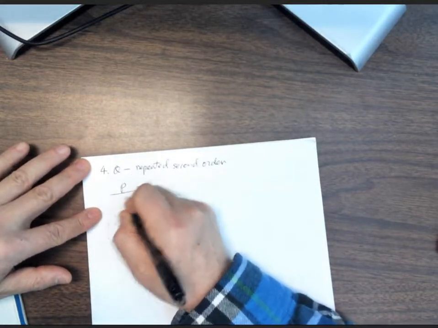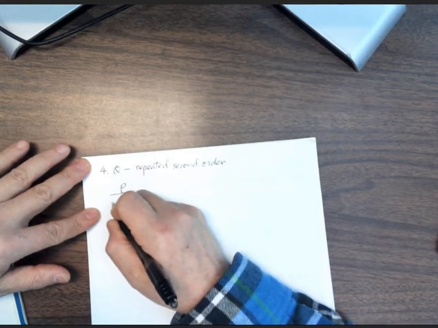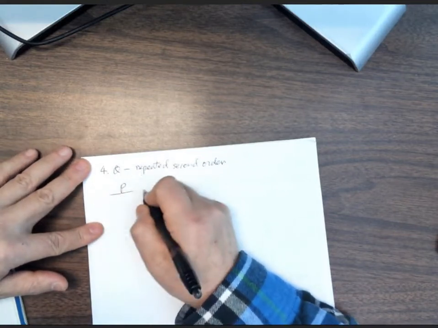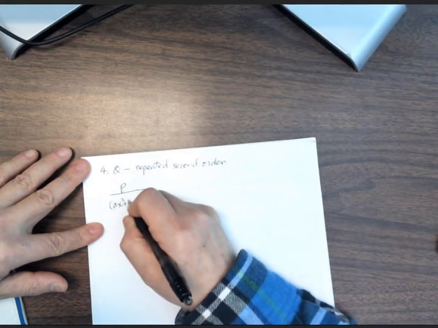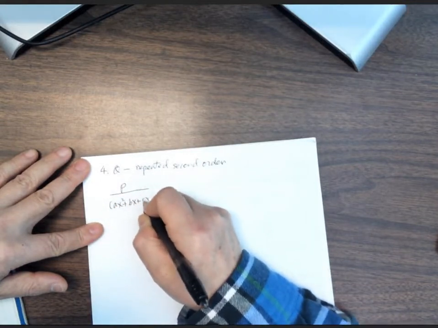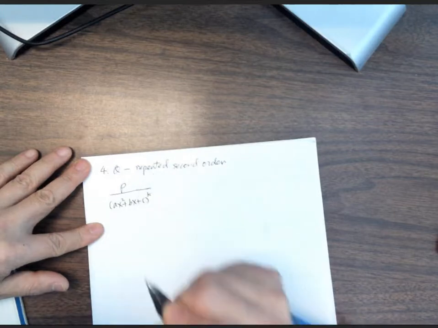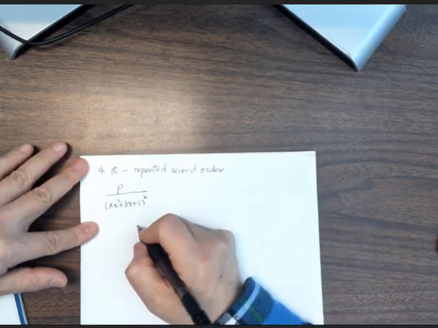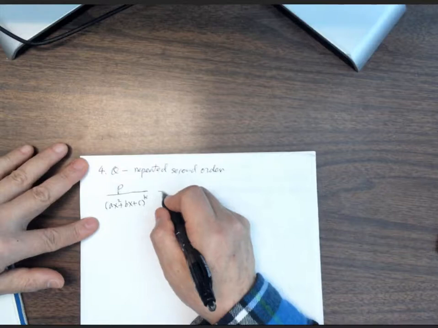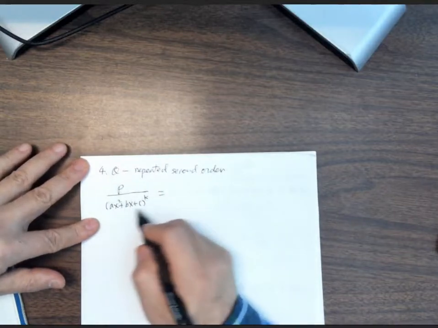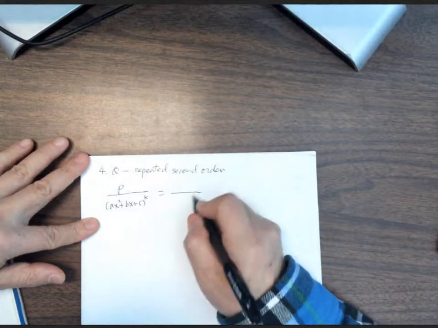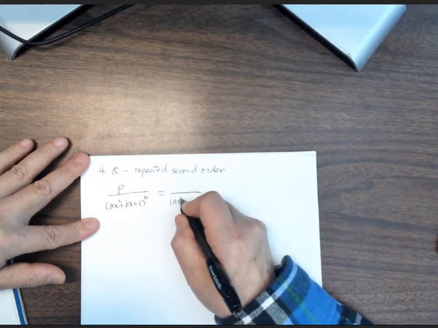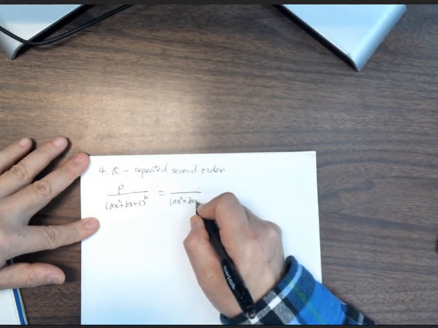Say you have P over denominator Q, with ax squared plus bx plus c raised to the kth power. Corresponding to this factor, we would have to assume k partial fractions.